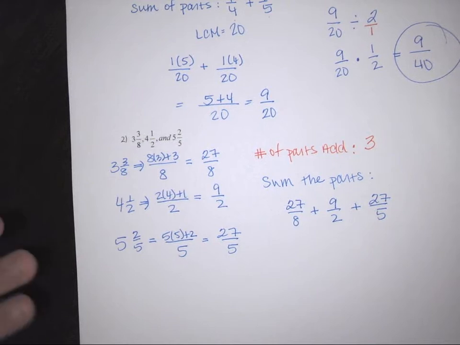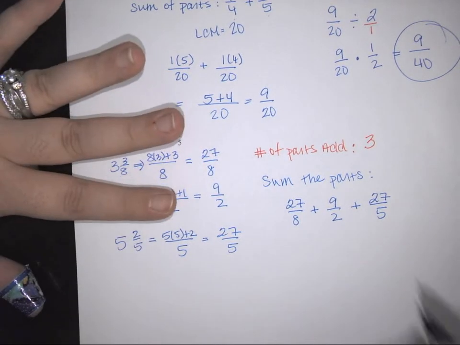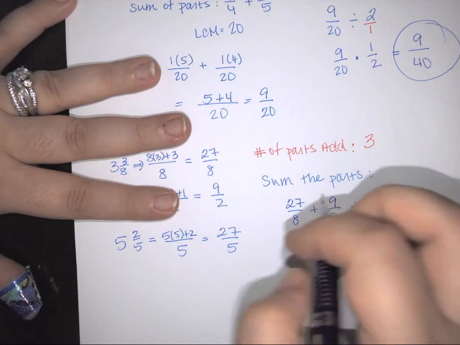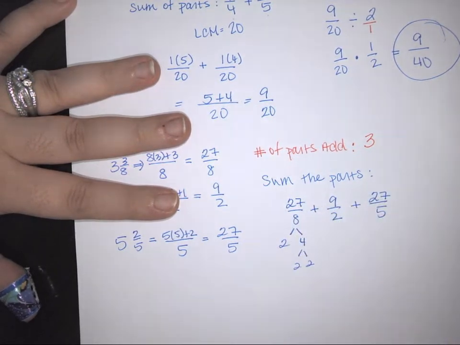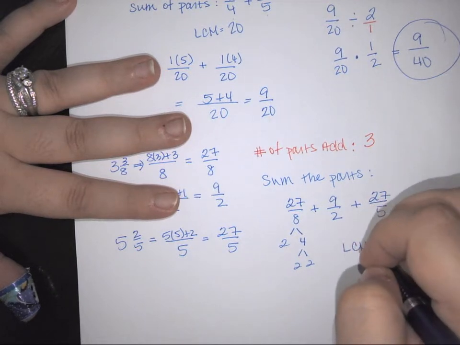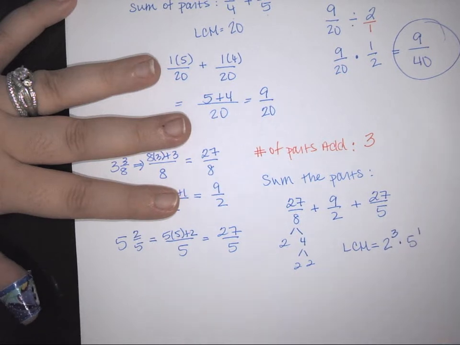So when I look at that, I have to find my least common multiple. Here I know that 8 can break down into 2 and 4, which breaks down into 2 and 2. So to find my least common multiple, I have 2 cubed times 5 to the first.